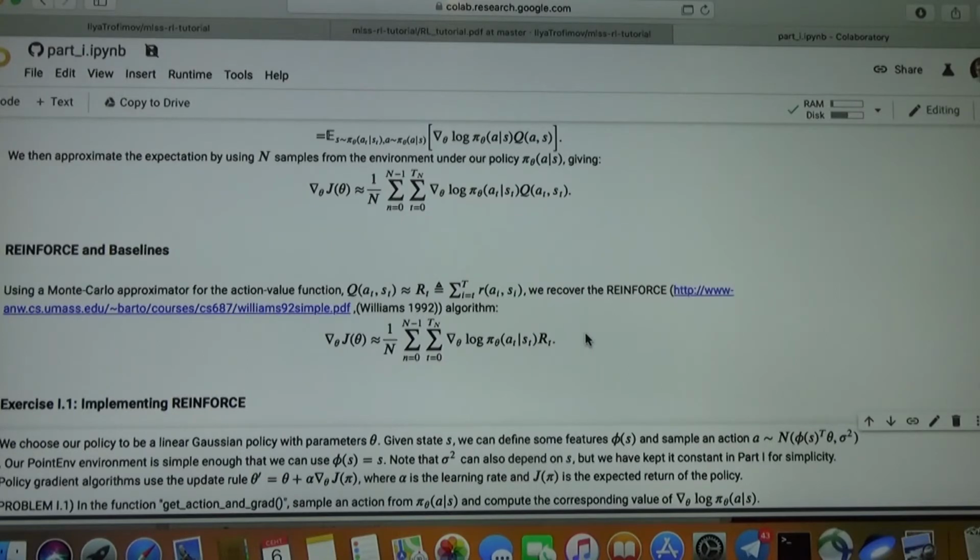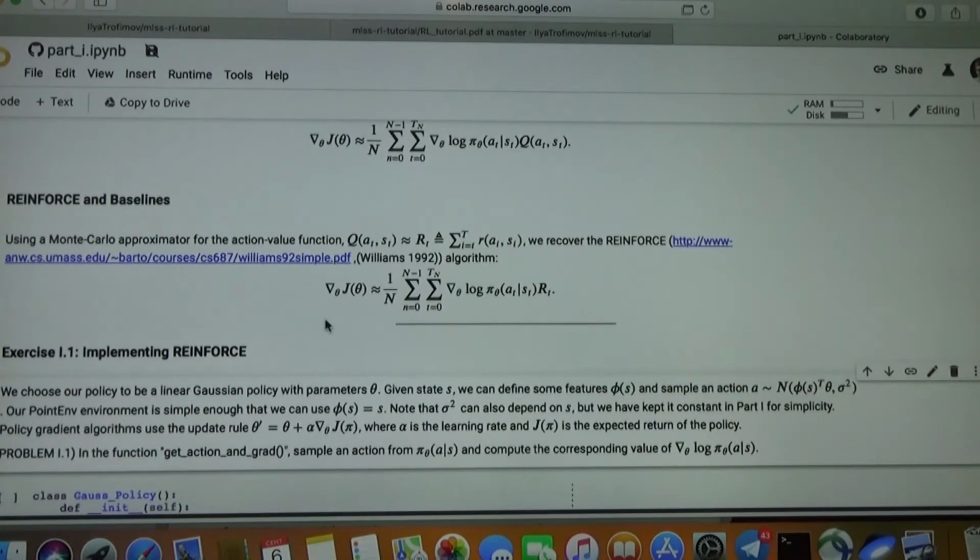Okay, so then we obtain the following equation. So the gradient of the expected return is the Monte Carlo estimate, and we need to calculate the gradients of the logarithm of the policy.